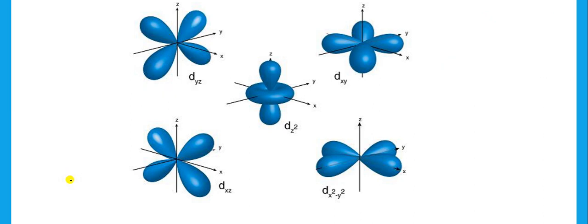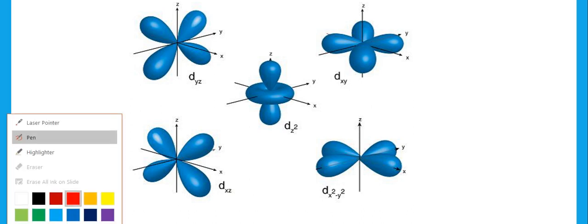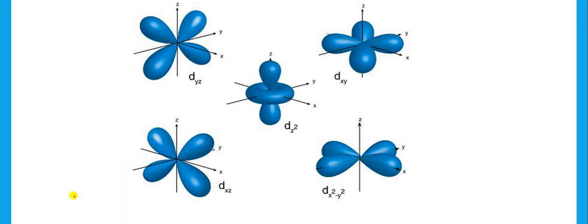And how will you draw dzx? Dzx is between Z and X. You can clearly see here it is a three-dimensional orbital, and it is between Z and X, and you can draw another perpendicular orbital.